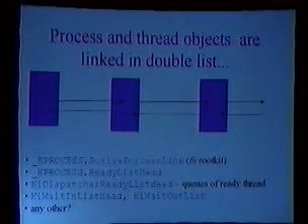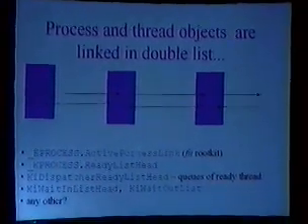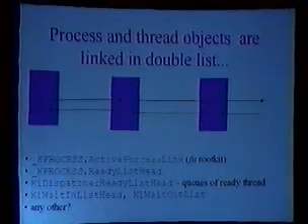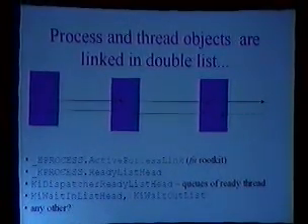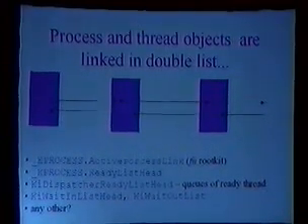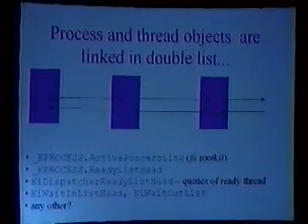Every process object in the system has a field which is named active process link, and all the processes are linked in the list. So if we remove this process from this list, it disappears.